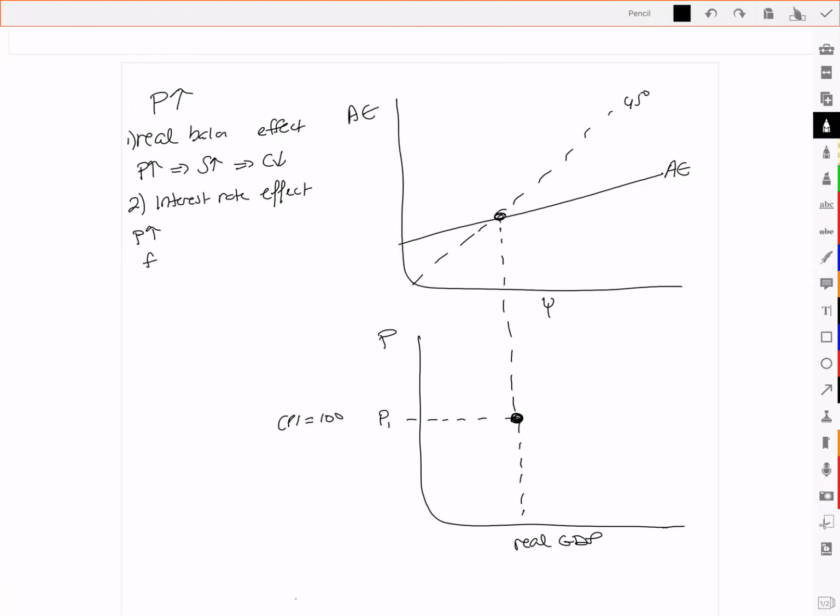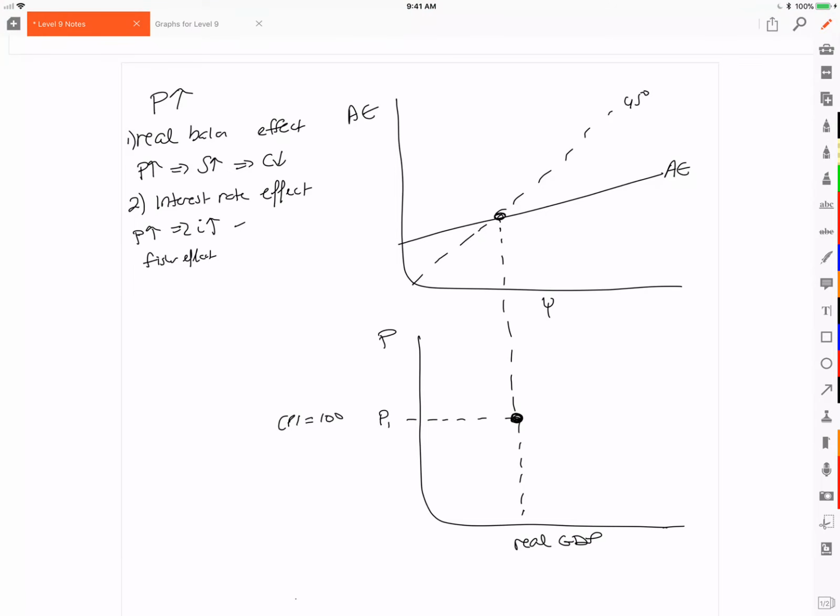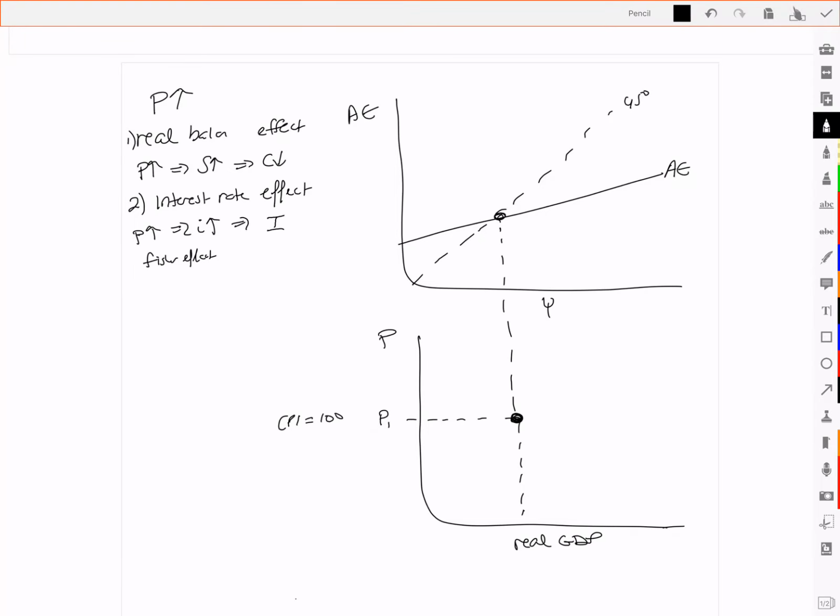The Fisher effect says that if we have inflation, if prices go up, then interest rates will do what? They have to go up as well. And if interest rates go up, then investment spending is going to do what? It's going to go down.